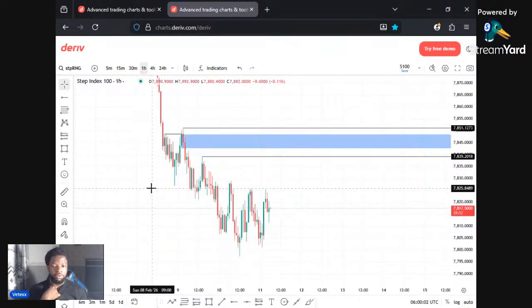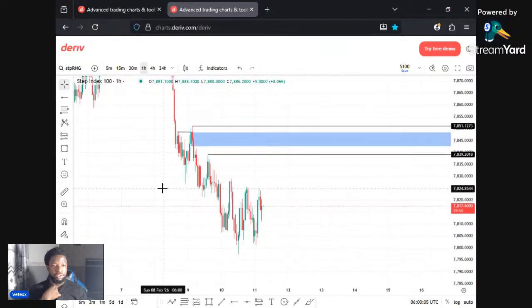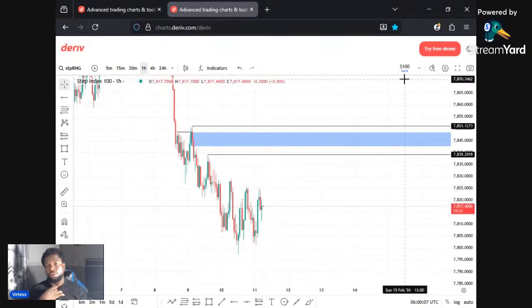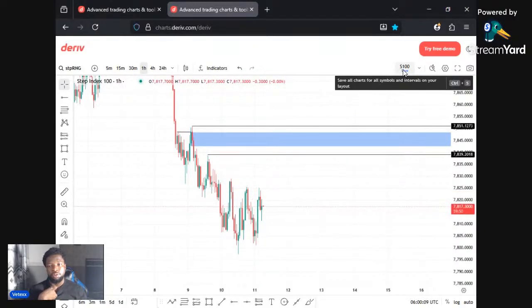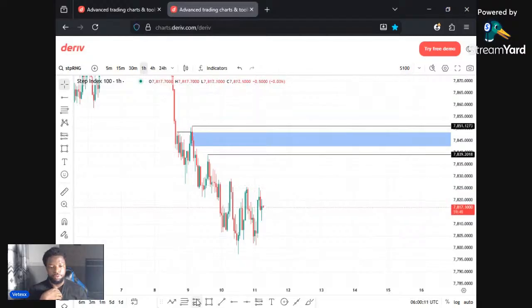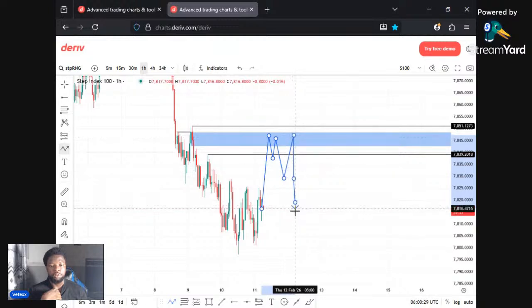So this is what we have on the V100 index. I'm going to save it for the future. So this is what we're anticipating. I'm anticipating price to come into this zone, give me this, come back here, and then I'll sell to the downside.